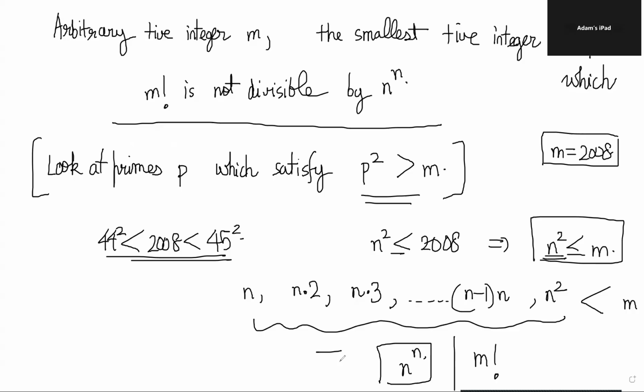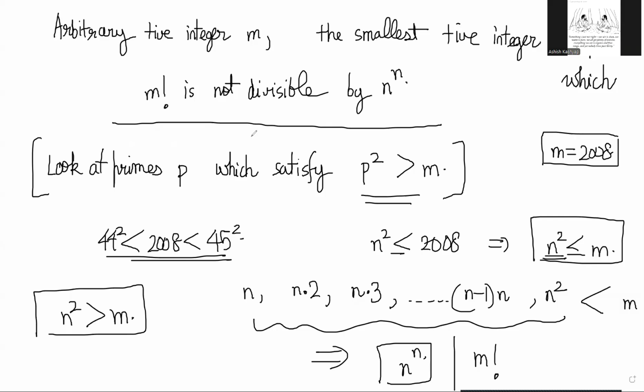So when you are looking for n power n not being divisible by m factorial, you have to look at n square greater than m, right? And when we actually look at n square greater than m, you will realize that when we compare the numbers n power n and m factorial, most of the time, if n is not a prime, the VP of m factorial will be much higher than this.